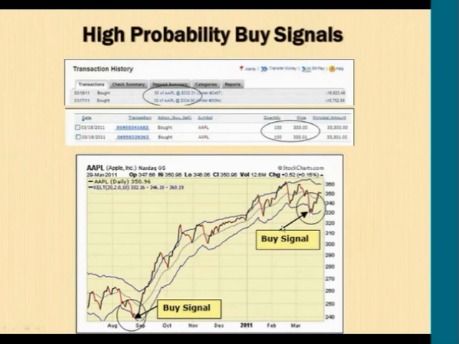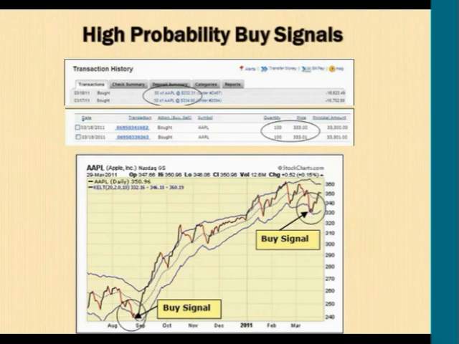So you can see at this point, I'm not displaying the 50 and 100 day, but Apple was in a price uptrend, but it became oversold right here when the price of the stock actually closed below that lower channel. When that occurred, I bought the stock, around the 333 price range, and of course there was a very powerful rally after that high probability signal.